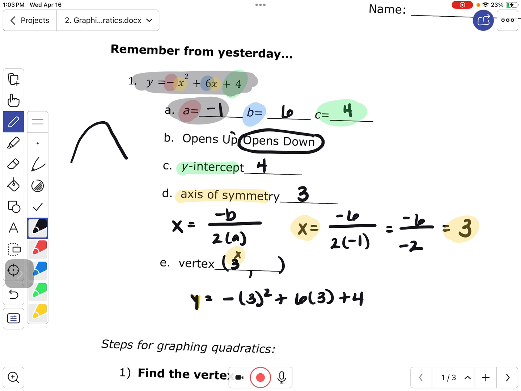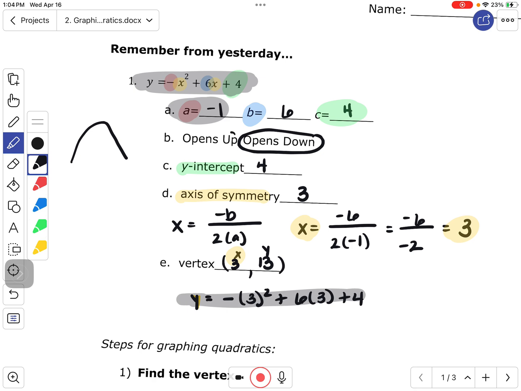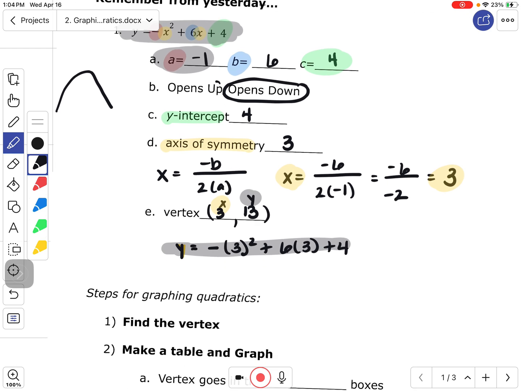I'm getting 13. And that's going to be my y value. So that 13 is going to be this y right here, and that's what you found from this right here. The answer goes right there. Okay?